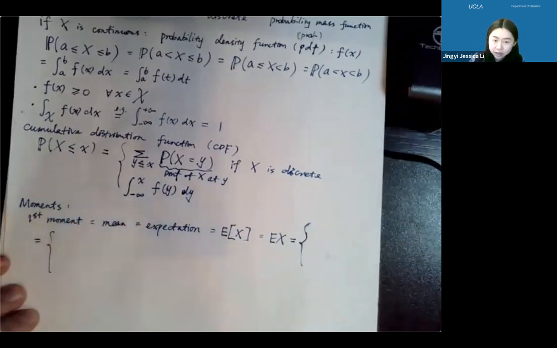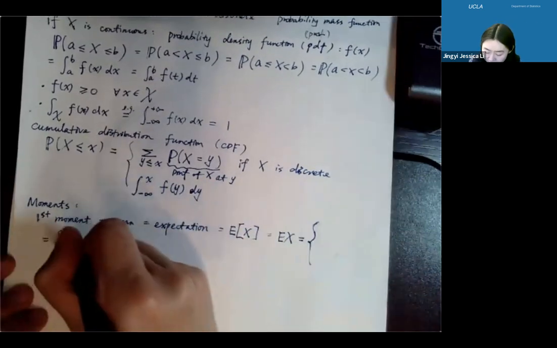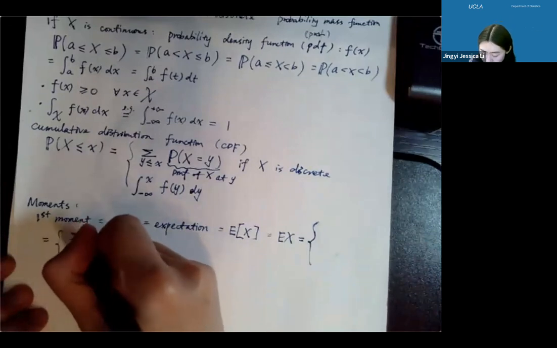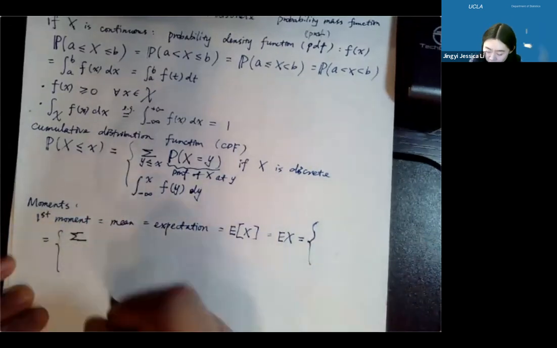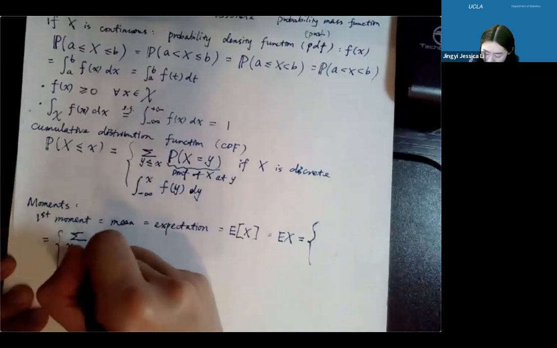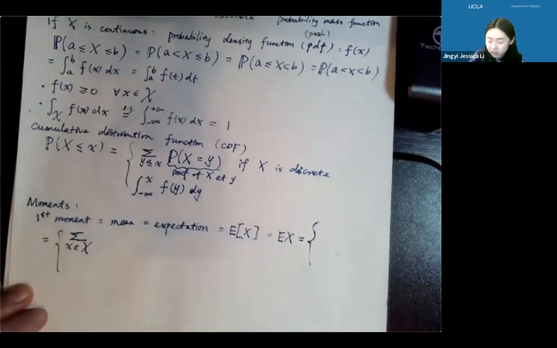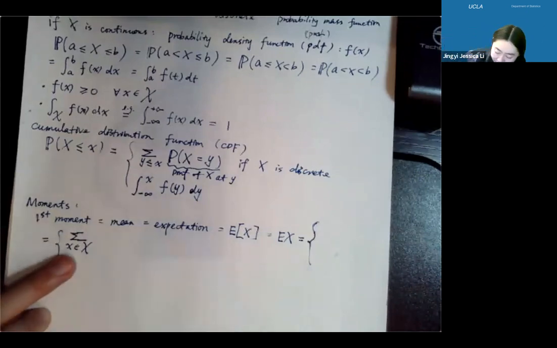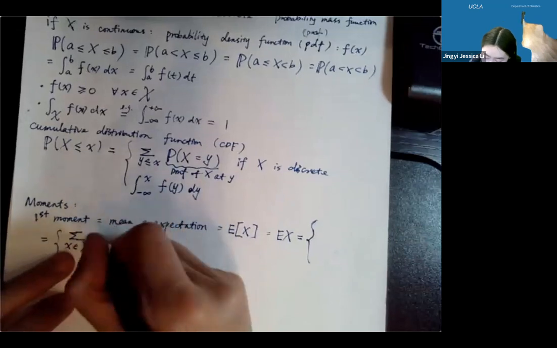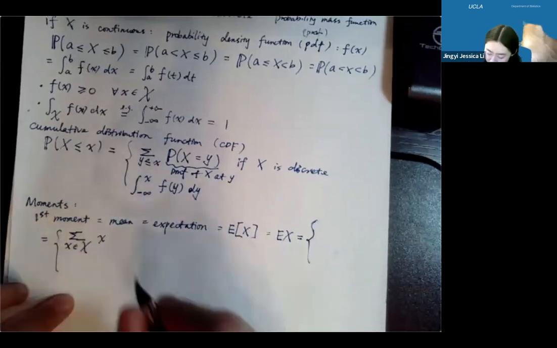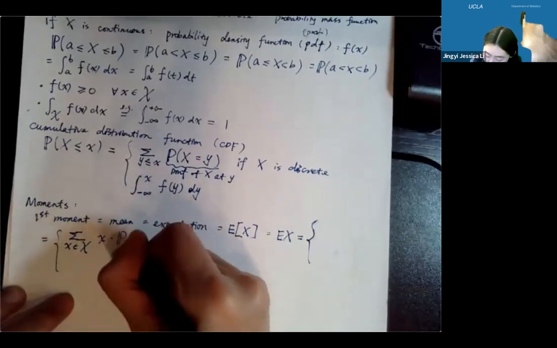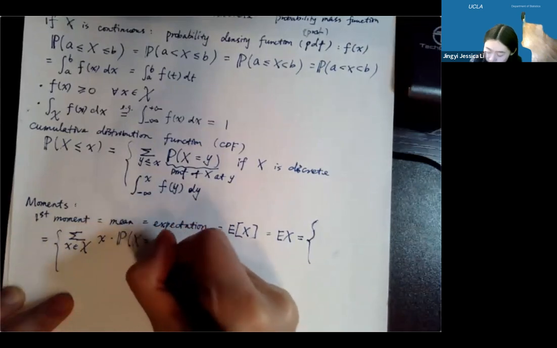If it's discrete, then what I'm doing is I take all the possible values my random variable may take in the domain, small x in this set. For every possible value it takes, I multiply the value by the probability that the random variable takes this value.